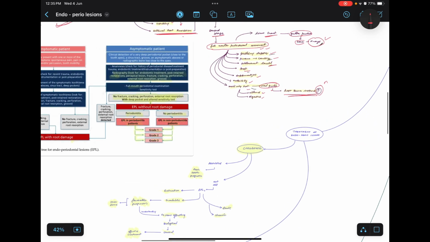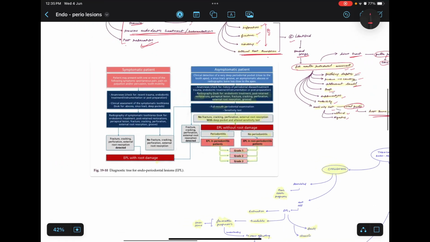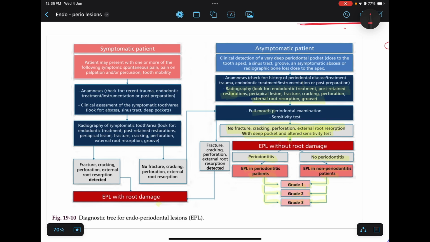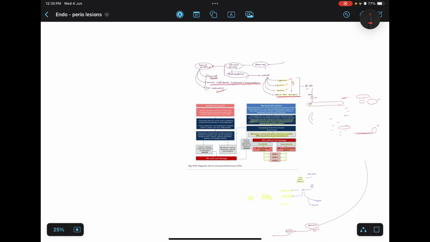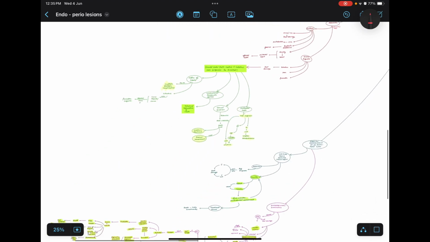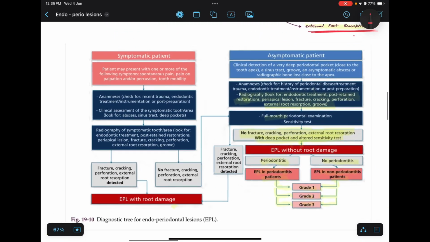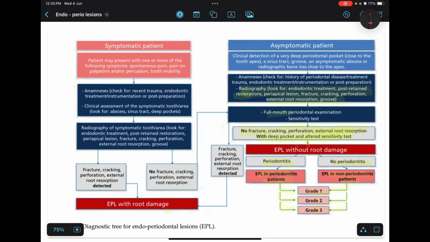Now moving on. This is the chart which is mentioned in your Lindhe, and it is a very simple one to go about. I'll just briefly explain this because I have covered everything in a lot of detail later. The patient will come to you with either a chronic or acute condition.